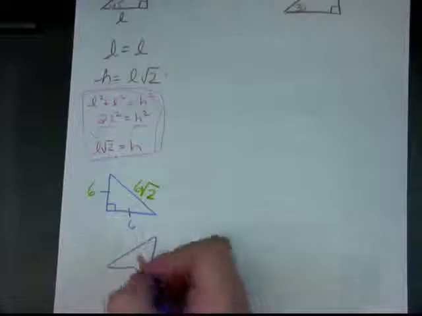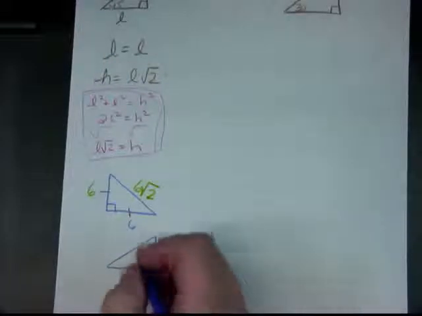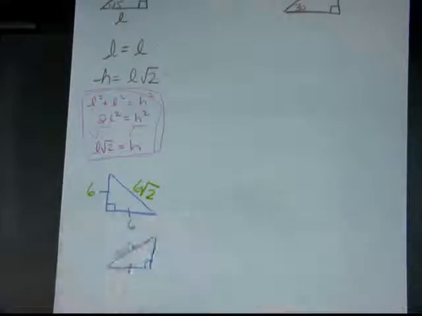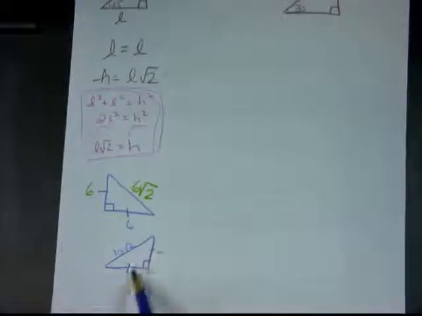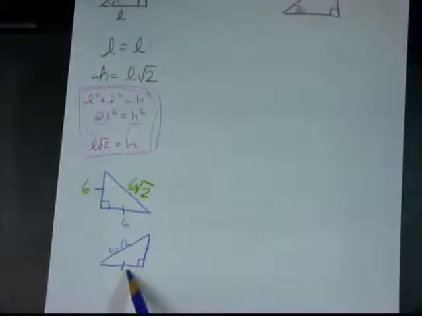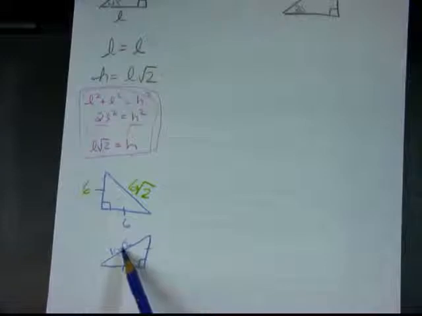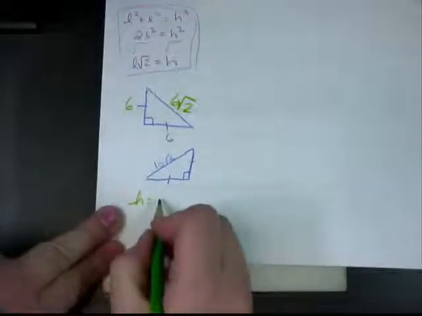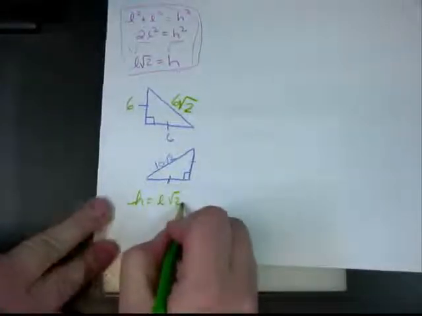All right, so let's try another one. Okay, so if I give you this triangle, again, because the sides are marked, it means it's a 45, 45, and I'm giving you the hypotenuse. I know the hypotenuse is the leg root 2.